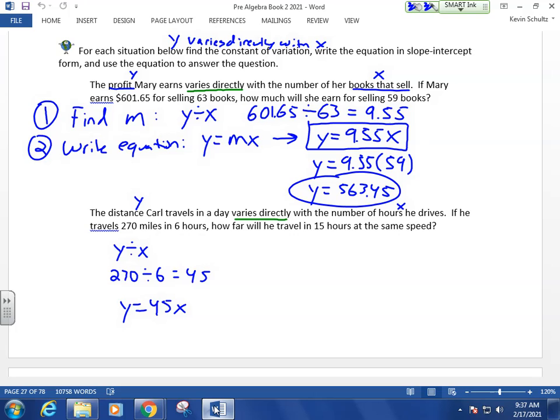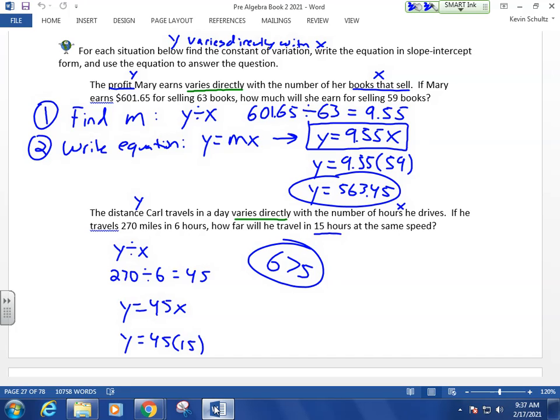So y equals 45x. We looked at the question, said how far will he travel in 15 hours? We had to decide whether that 15 was an x value or a y value. And because it's given to you in the units of hours, and the hours he drives is the x variable, we took 45 times 15. We plugged that 15 in for x, and we got 675 miles driven.